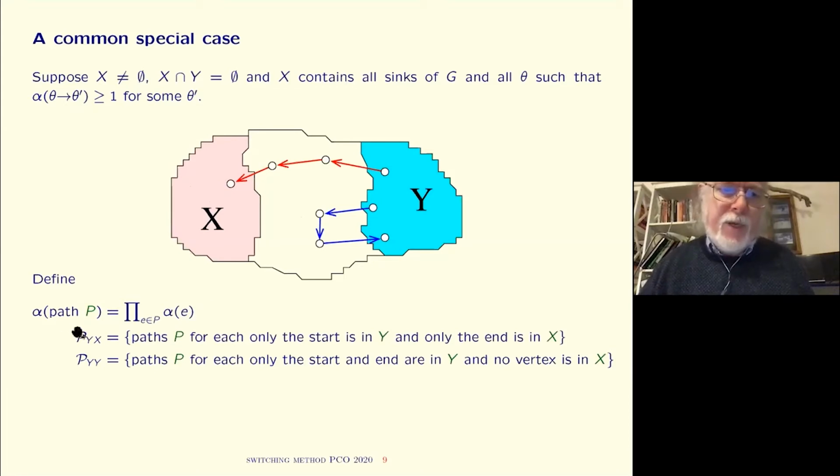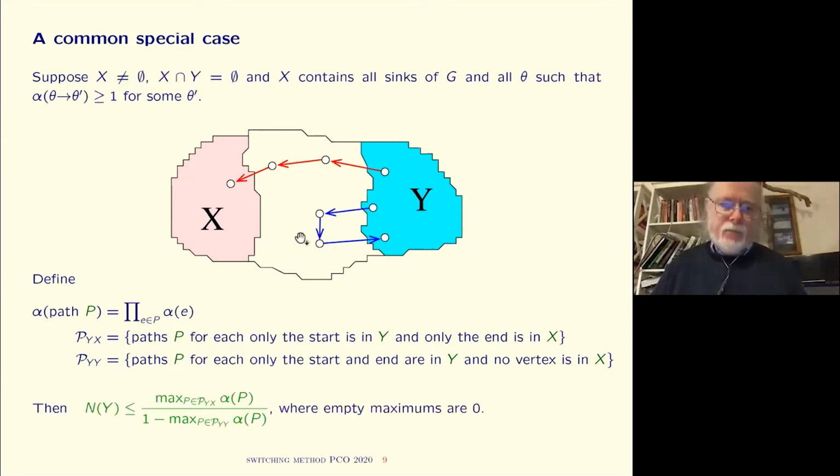And you take P, Y, X to be the set of all paths that start in Y and end in X, but only the first vertex is in Y and only the last vertex is in X. And then P of YY is the paths that start and finish in Y, where only the first and last vertices are in Y. And the intermediate vertices aren't allowed to be in X, but they can be in the no man's land in here.